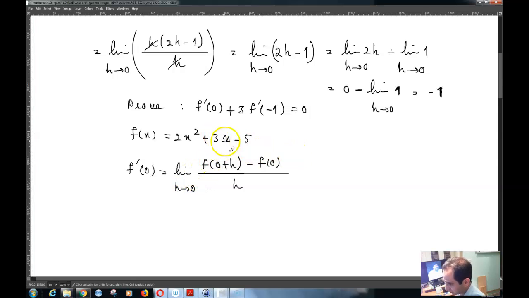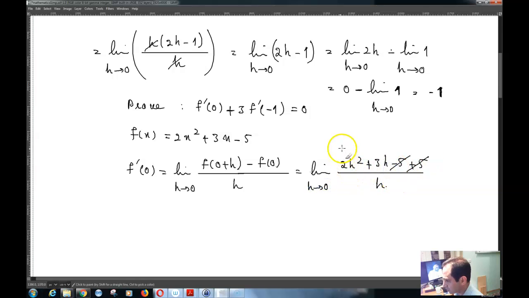Now f of 0 plus h is the same thing as f of h. So f of h for this function is going to be 2h squared plus 3h minus 5, and f of 0 for this function is going to be -5. So that's minus -5, which is +5 over h when h tends to 0.